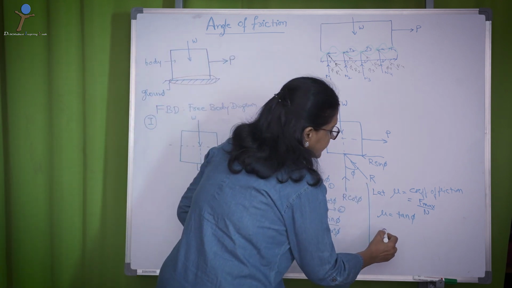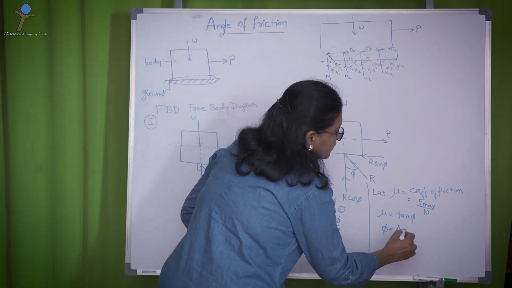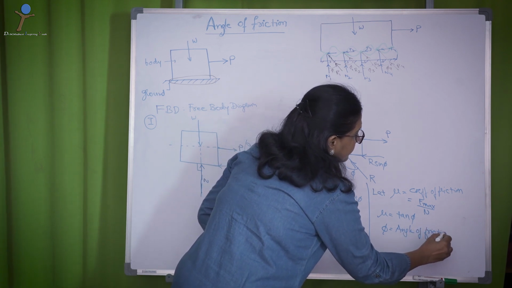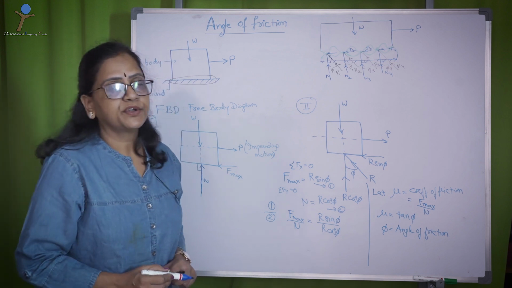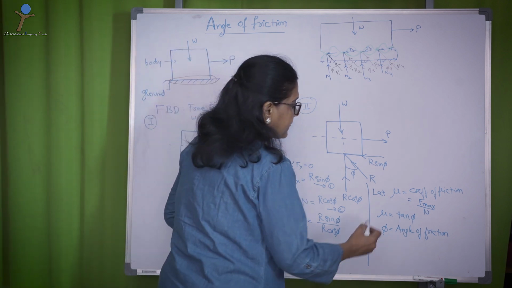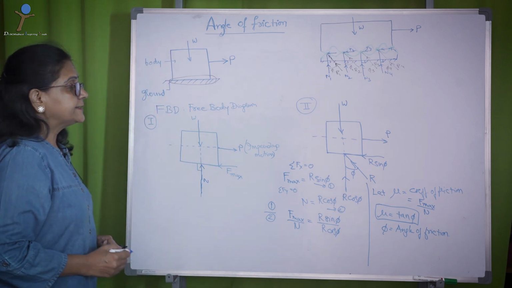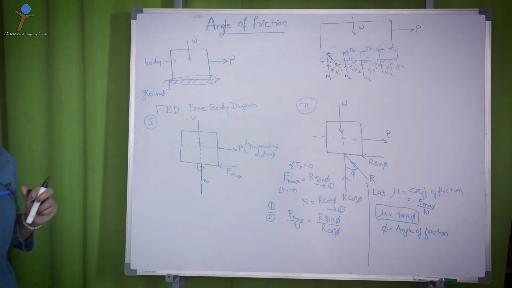So, phi is the angle of friction and mu is the coefficient of friction. So, you remember this relation and the angle of friction.